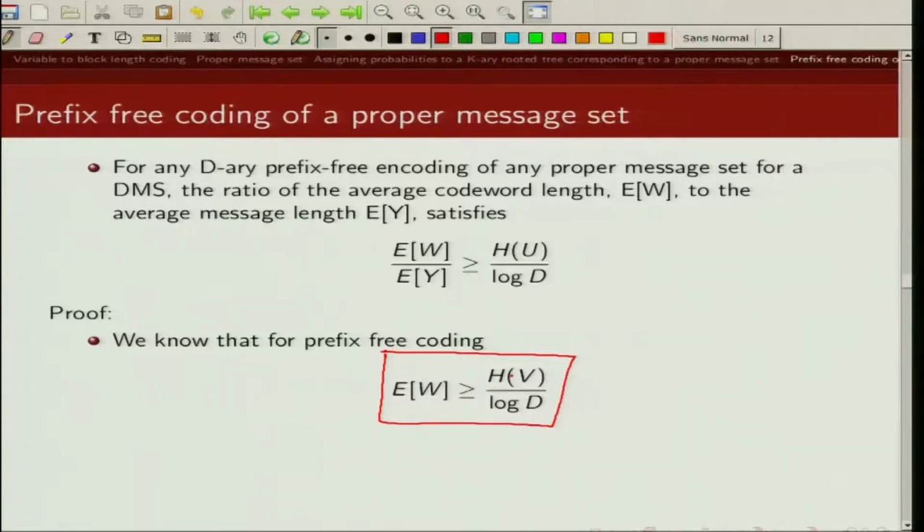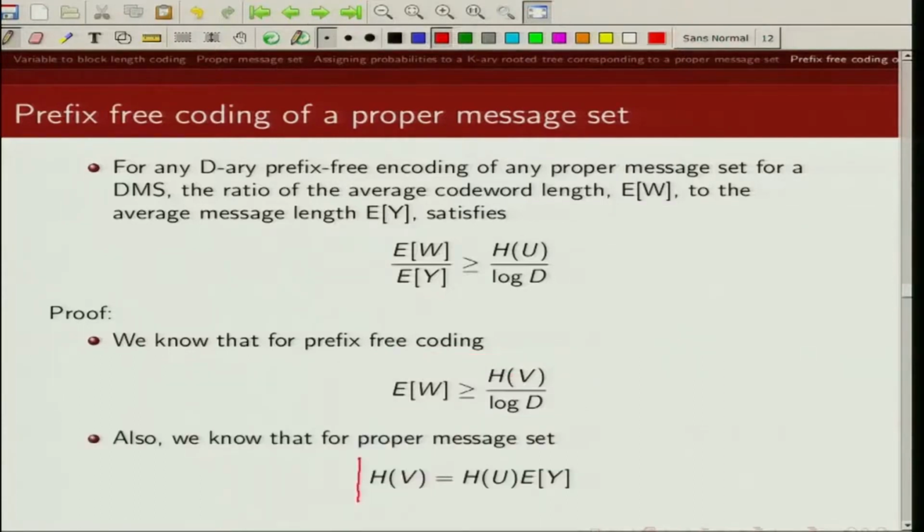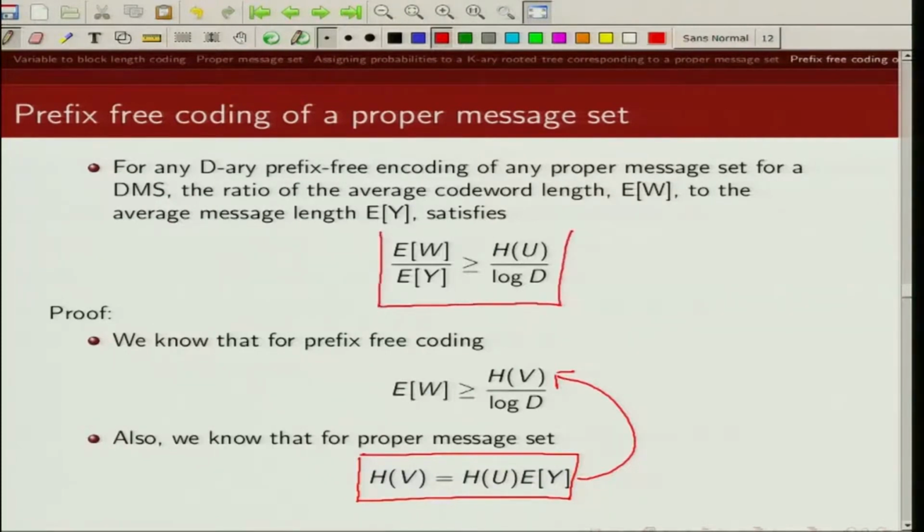The source in this case is V, so it's H of V by log D, and I have just now proved that H of V is nothing but H of U times the expected value of Y. So if I plug this in here and divide both sides by the expected value of Y, what I get is this relation. So if I do a prefix free coding of a proper message set, then the ratio of expected output code word length to expected input length is lower bounded by entropy.